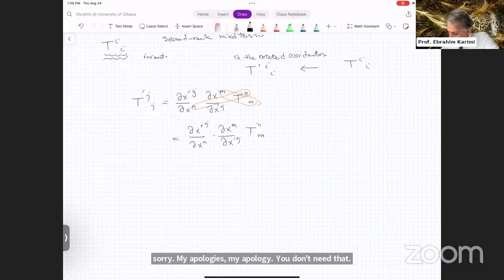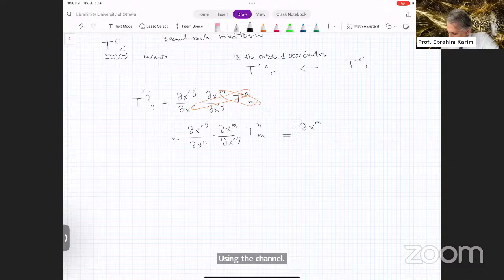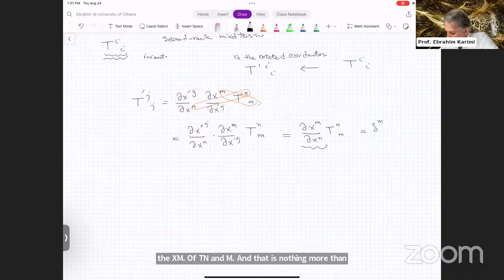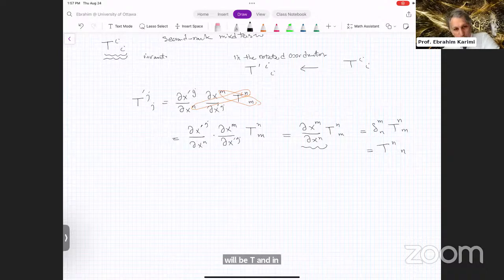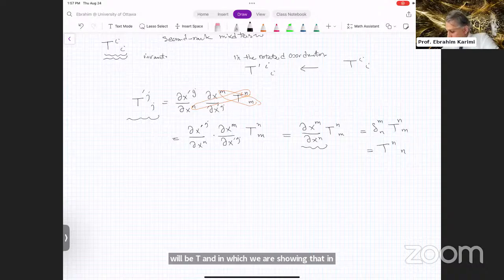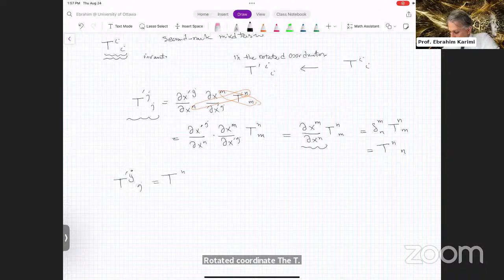Using the chain rule, the derivative of x_m with respect to x_n, of t_nm, is nothing more than delta_mn of t_nm, and the result of this will be t_nn. We are showing that in rotated coordinates, t'_jj is identical to t_nn in non-rotated coordinates.